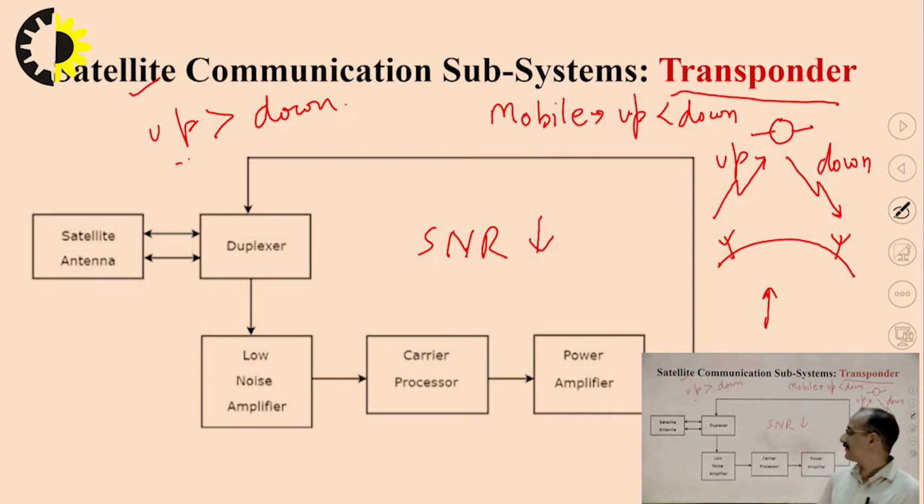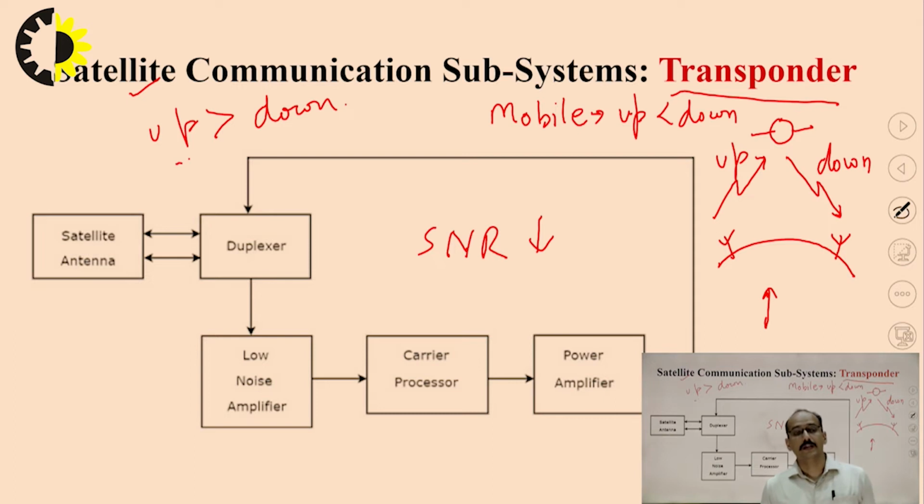So specific kinds of low noise amplifiers are designed which can amplify the signal without amplifying the noise associated with the signal.